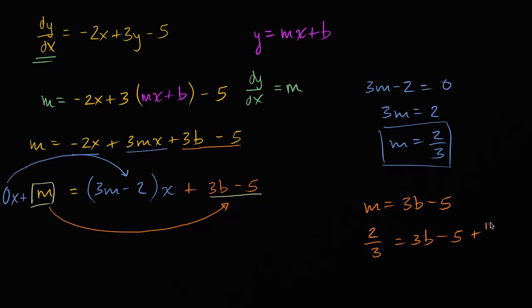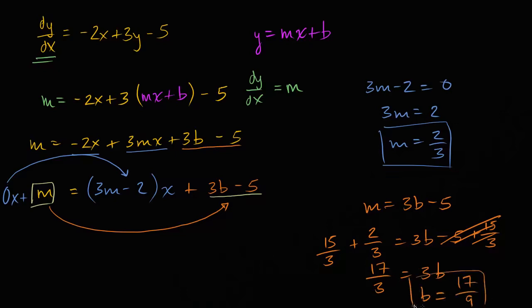So 15 over 3 plus the 2/3 on the left-hand side gives us 17 over 3, and on the right the 5 cancels out, so we have 17 over 3 is equal to 3b. If you divide both sides by 3, you get b is equal to 17 over 9.